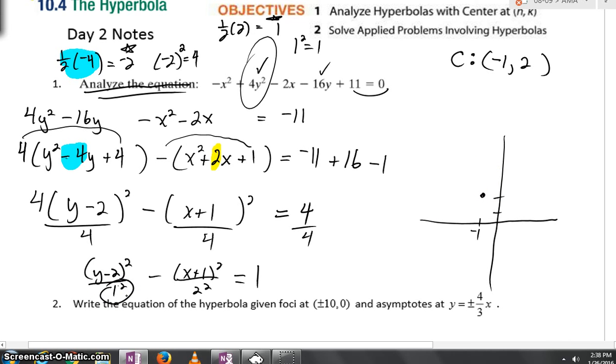1. The number underneath the y squared term gives me the vertical distance that I need to move. So I'm going to move 1 step up, 1 step down. By the way, that's where my vertices are going to be. You can see I'm going to be at (-1, 3) and (-1, 1).